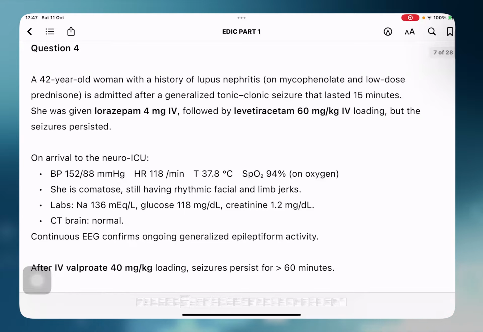She is in coma but still having rhythmical facial and limb jerks. Labs: sodium is normal, glucose is 118, creatinine is 1.2, CT head is normal, continuous EEG shows ongoing generalized epileptiform activity. A third drug is decided to be given and IV valproate 40 mg per kg loading is done, but the seizures are still persisting for more than 60 minutes. What is the diagnosis?